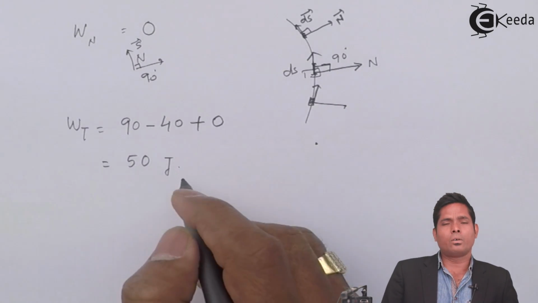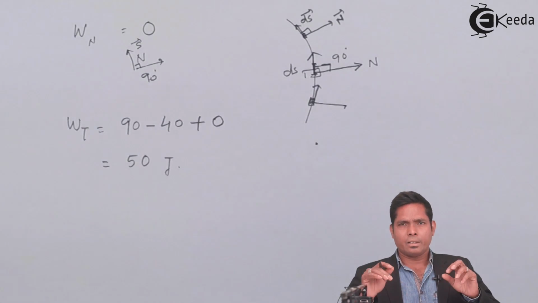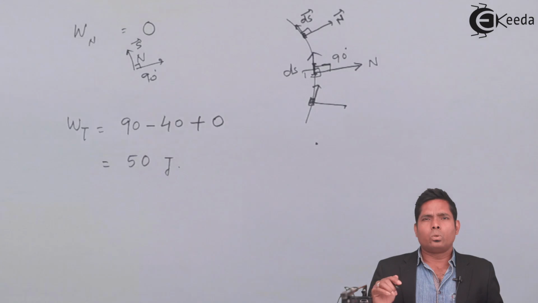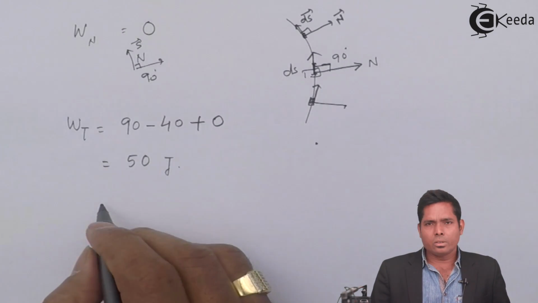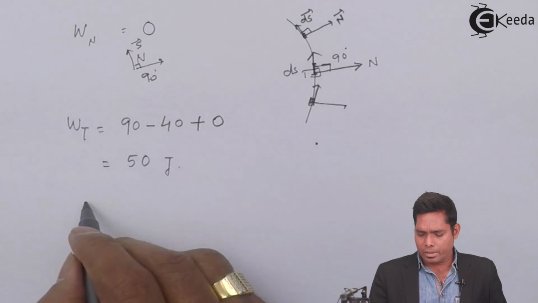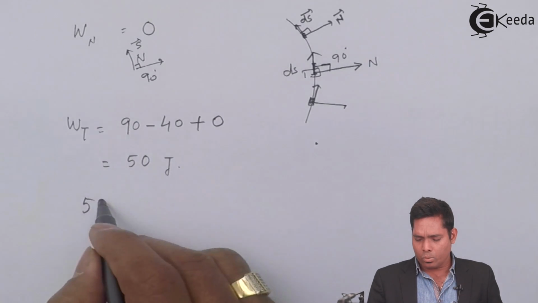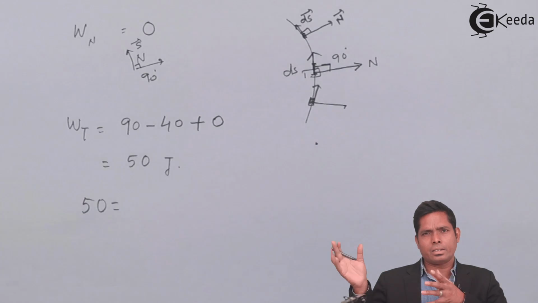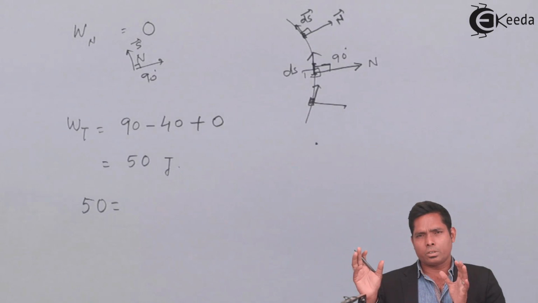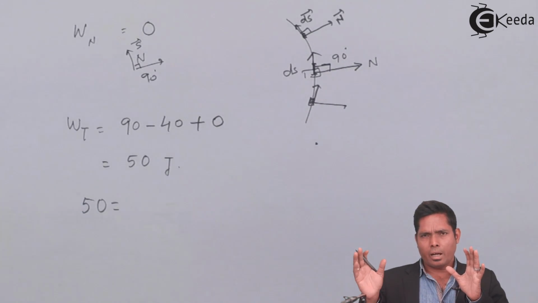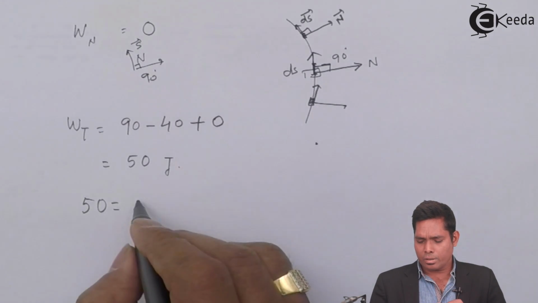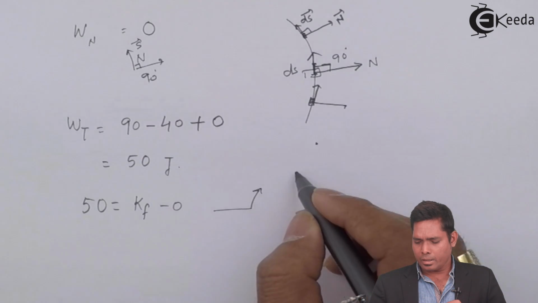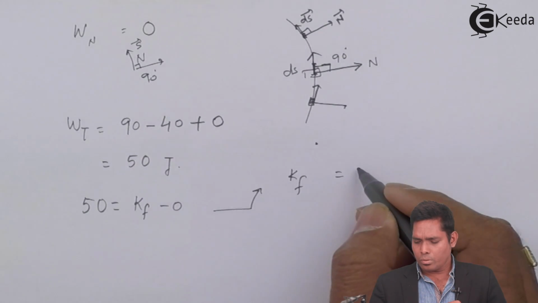Using the work energy theorem, the total work done is equal to the change in kinetic energy. So 50 equals the final kinetic energy minus the initial kinetic energy. The initial kinetic energy was 0 because the block starts from rest, and the final kinetic energy we are supposed to find, so K_f equals 50.